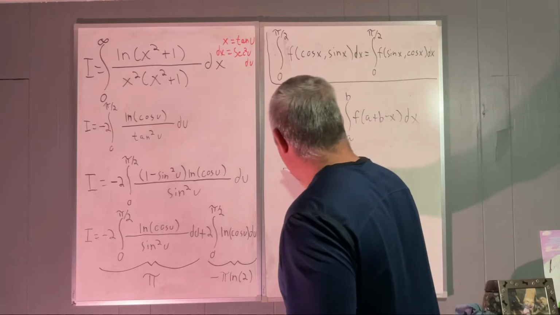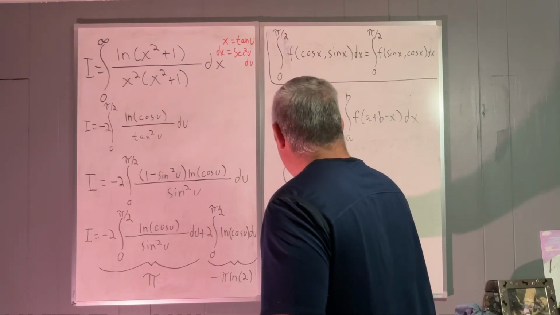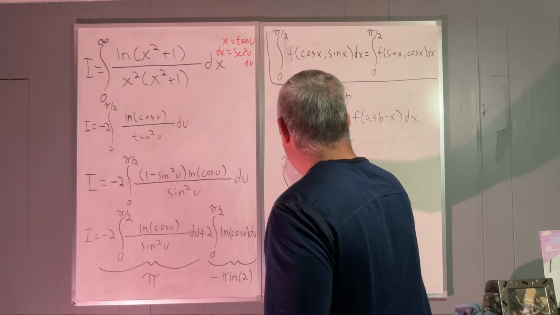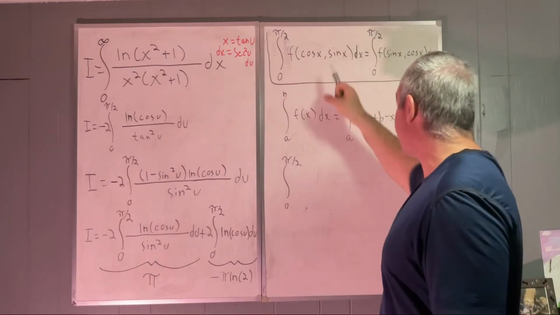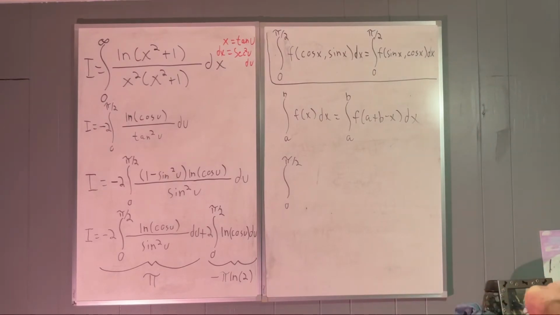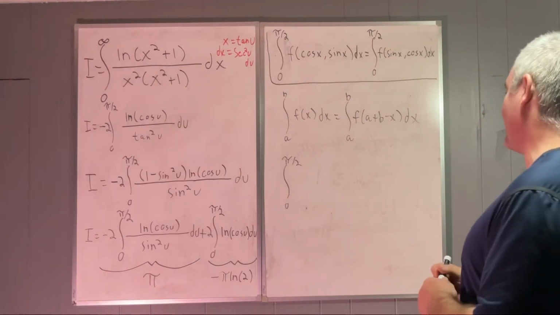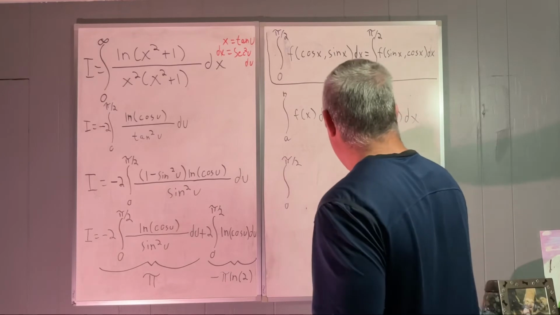So basically what we have is the integral from 0 to pi over 2 of a function that can be written purely in terms of cosine x and sine x. What that means is it's a function like this.